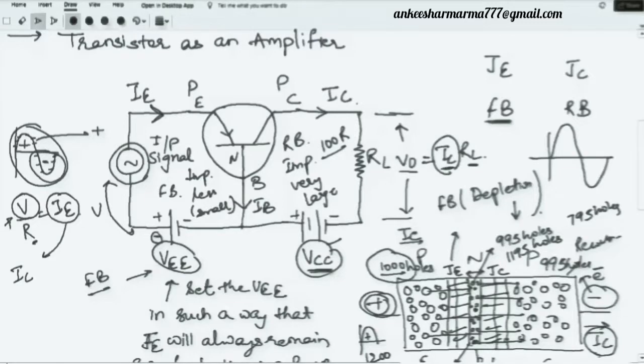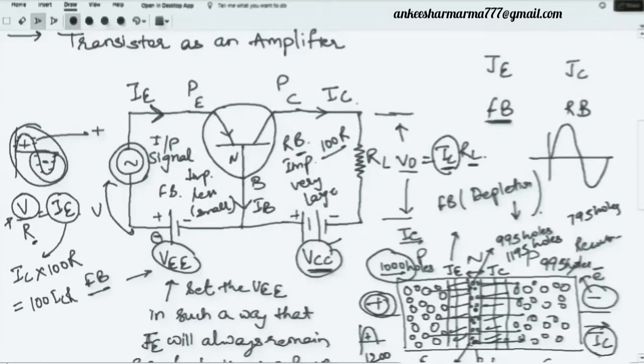So IC is now being multiplied with the load resistance and with the reverse biasing resistance. This reverse biasing resistance is very large, equal to 100 R, so the output will be 100 into IC into R.